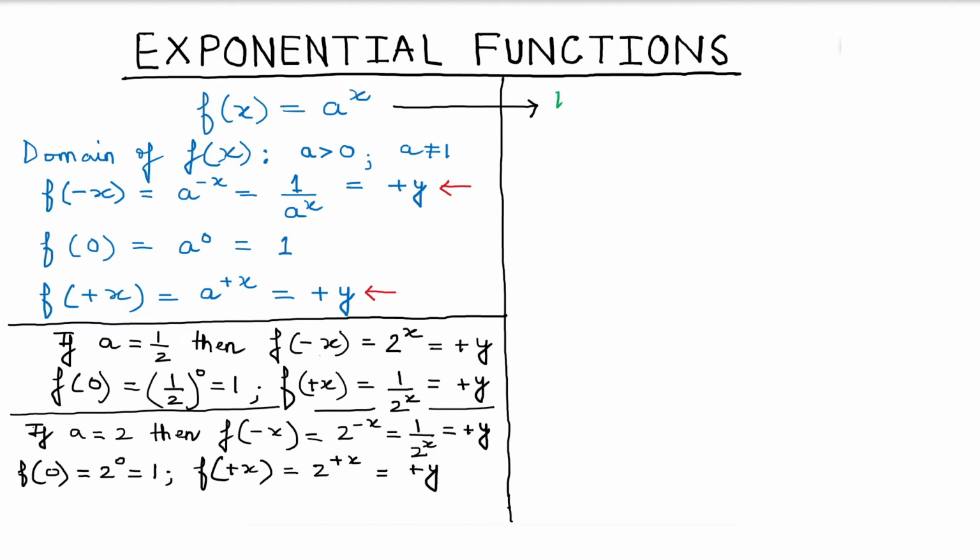So the domain of the function d will be nothing but a greater than 0, union a cannot be equal to 1, union x would be any real number, because you can input any negative value, you can input any positive value, at the same time you can input the neutral value.